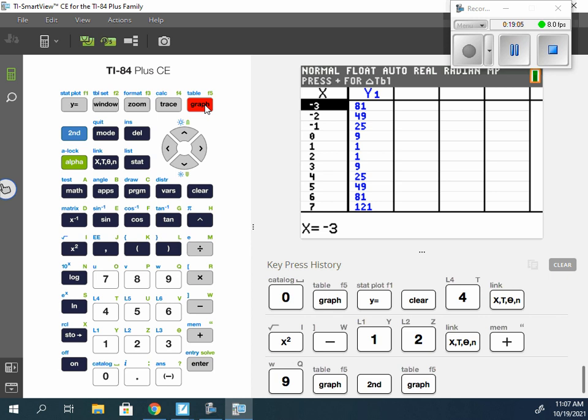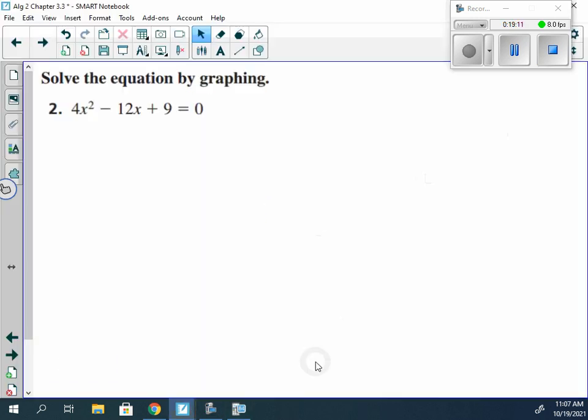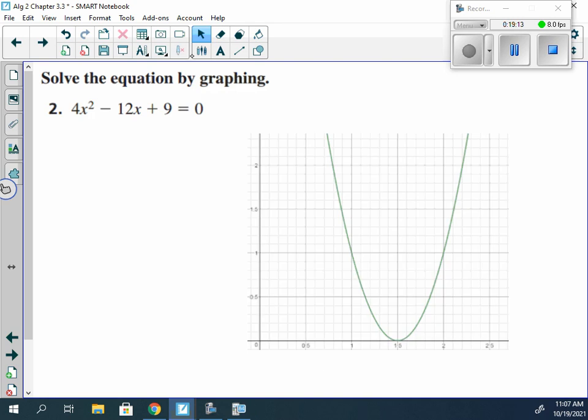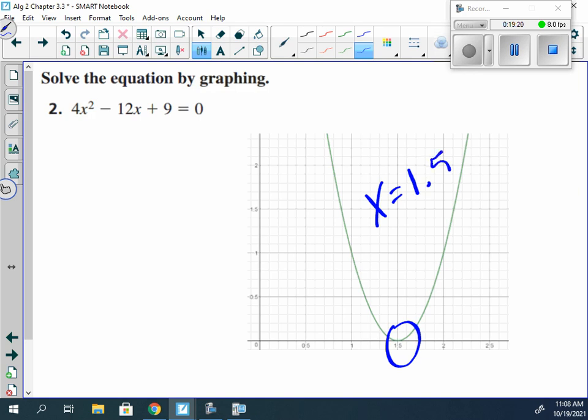Well, we have 1 and 1, 9 and 9. So most likely it'll be between these 2 points. Because it actually works out that x is 1.5.